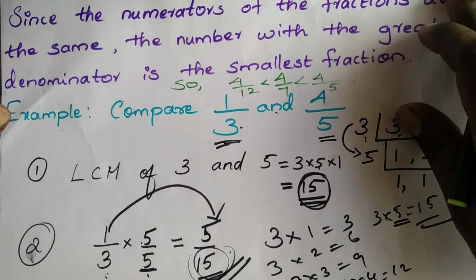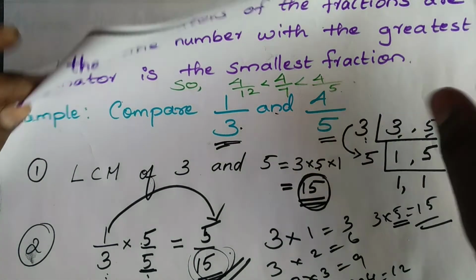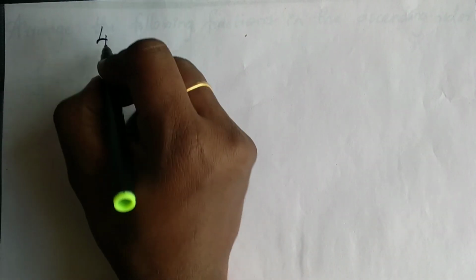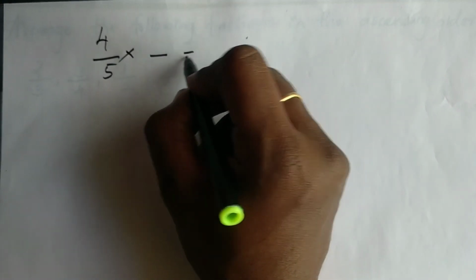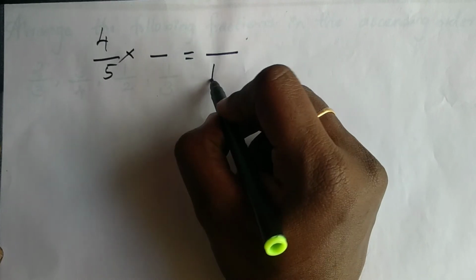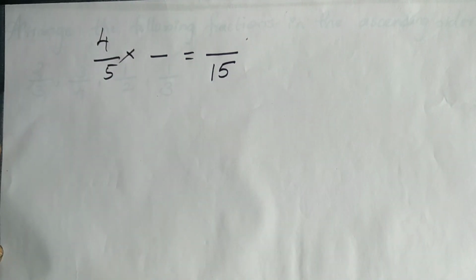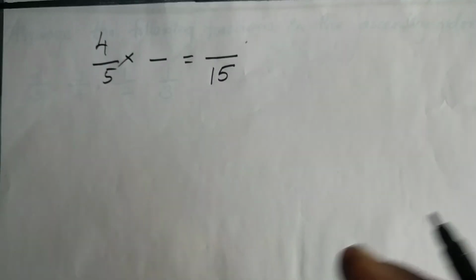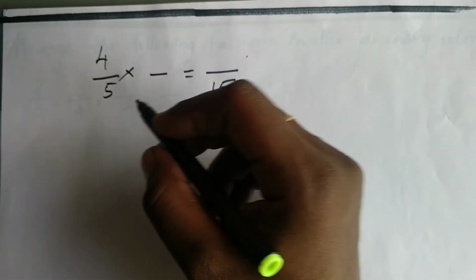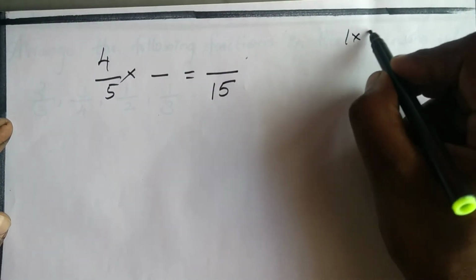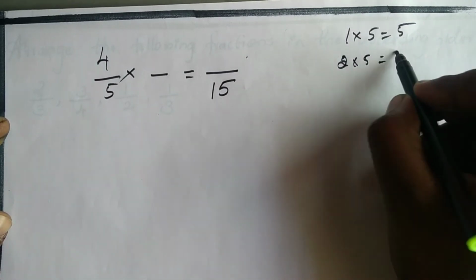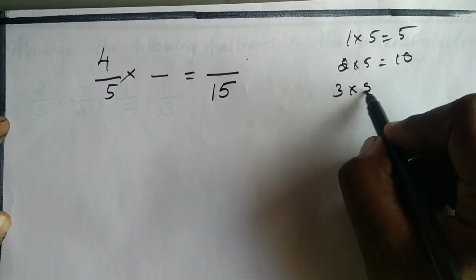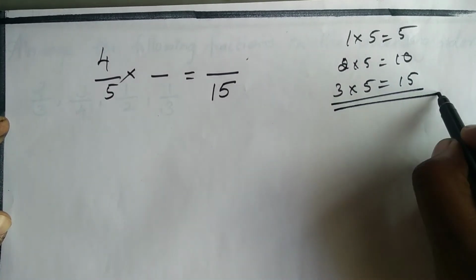Come to our next number. What's our next number? 4 by 5. Put a multiplication symbol. Put a dash. One fraction will come. But we don't know what is that. But we know denominator should be 15. Here come to this 5 table. What are the possibilities of getting 15 in 5 table? 1 5 is 5. 2 5s are 10. 3 5s are 15.